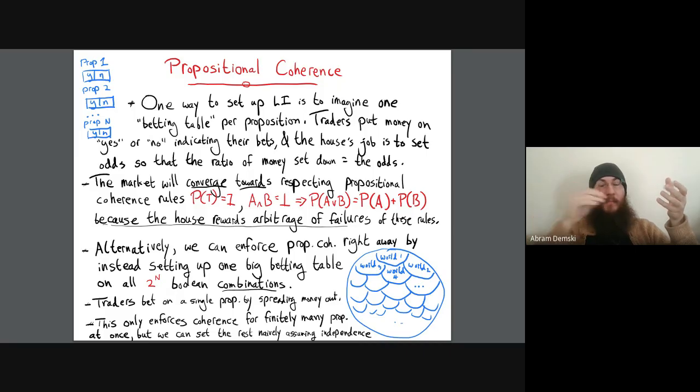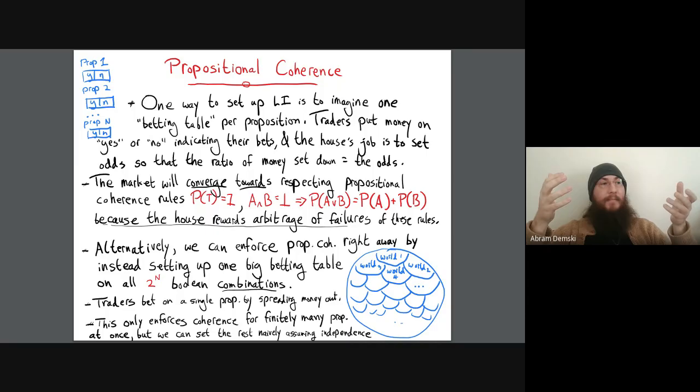Then I can put $1 on the table against proposition X and $1 on the table against proposition not X. Because I'm like, well, one of them is too high. I don't know which one, but one of them has got to be lower.